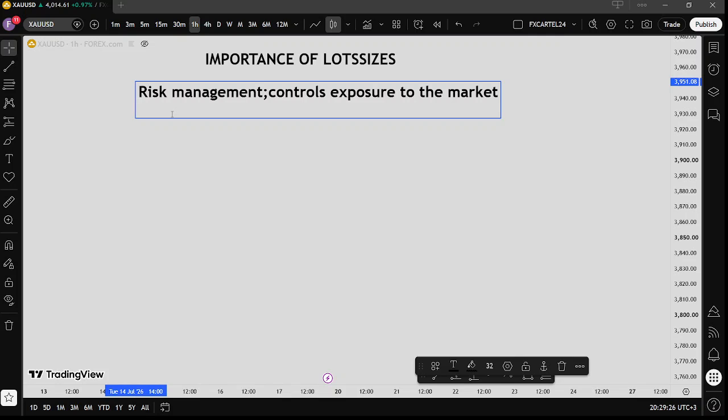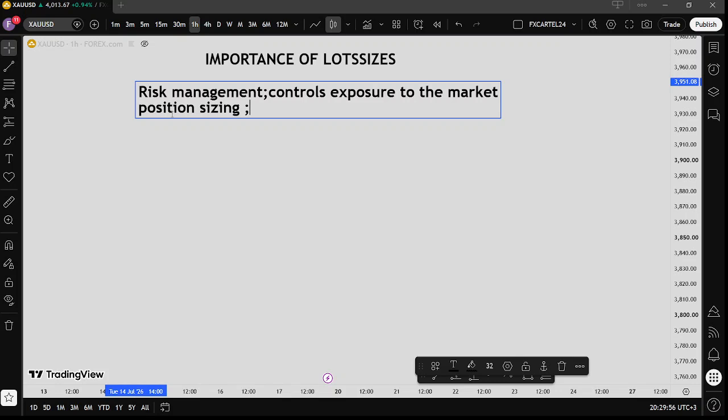Then number two, we do have what we call position sizing. It doesn't differ from the risk management.